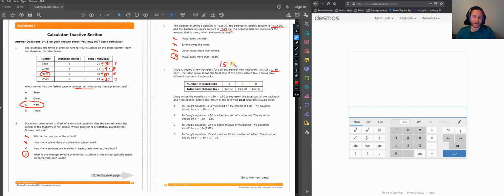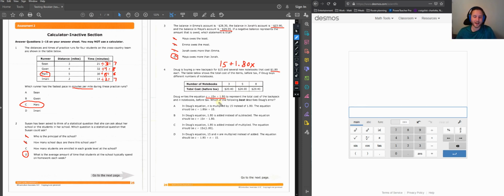So we're going to add $1.80 times the number of notebooks. We don't know how many that is, so I'll just put X for now. But I know that's basically what the equation is. Doug writes the equation like this. So he put 15N plus 180, or $1.80.